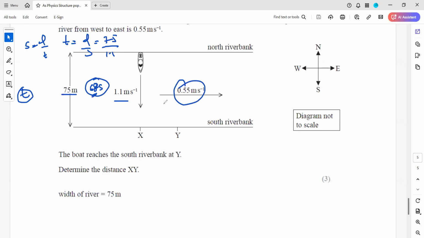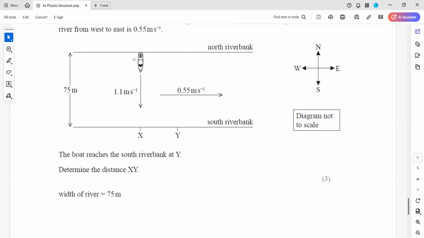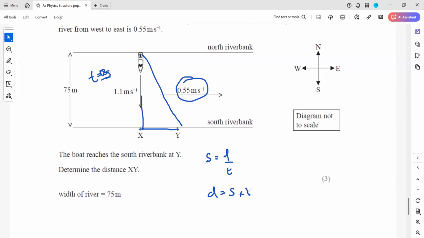And we know the horizontal velocity of 0.55. If it has a vertical velocity of 1.1 and this distance was 75, it will take 68 seconds to reach this. So we know the horizontal velocity and we know the time, so we can work out the distance. Speed is distance divided by time, so distance is speed multiplied by time.